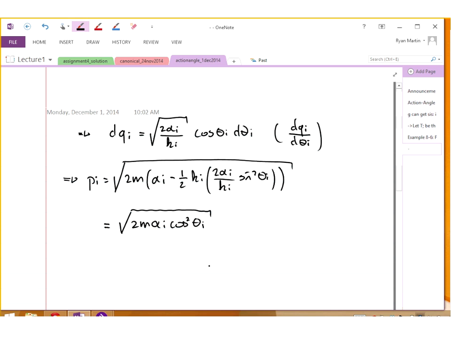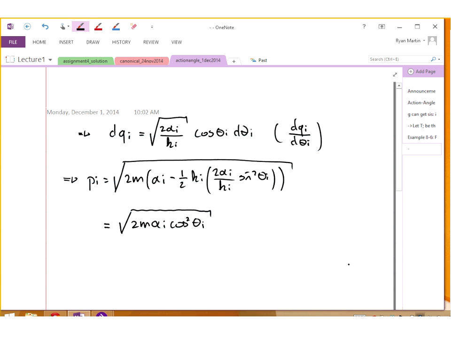So now I can finally calculate my capital J_i's. The capital J_i is the integral over 1 period of lowercase p_i dq_i. So that's the integral of the p_i which we just wrote, the square root of 2mα_i cos squared theta_i.